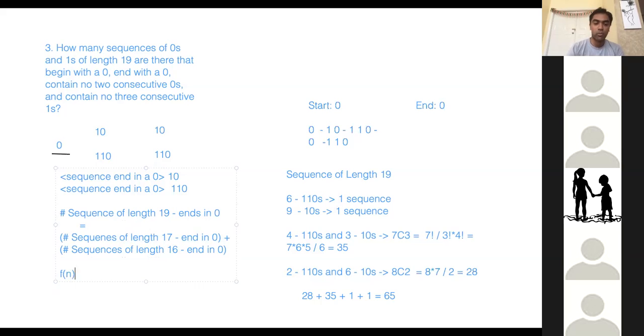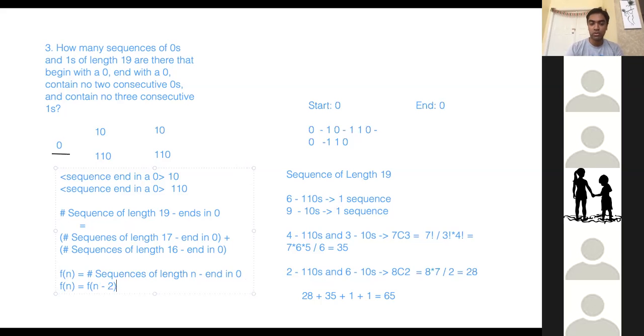So let's write this a little more generally. Maybe that'll help. So let's say f of n is the number of sequences of length n that end in 0. So we know that f of n, the number of sequences of length n that end in 0, must be equal to f of n minus 2.